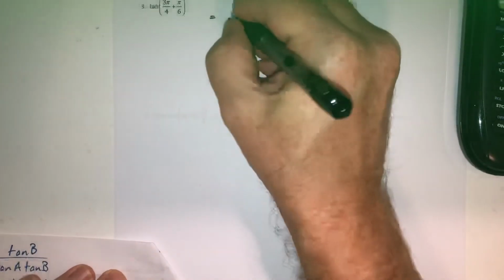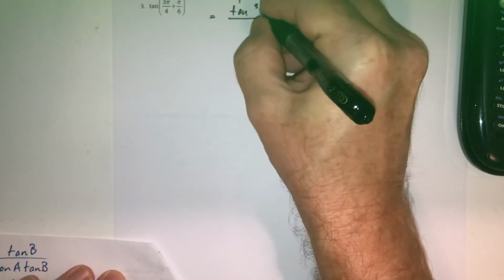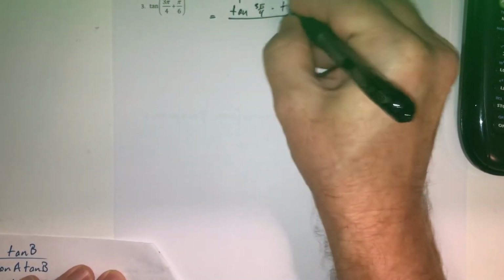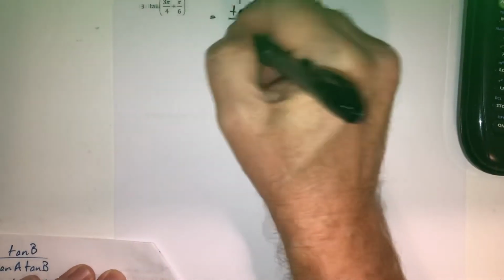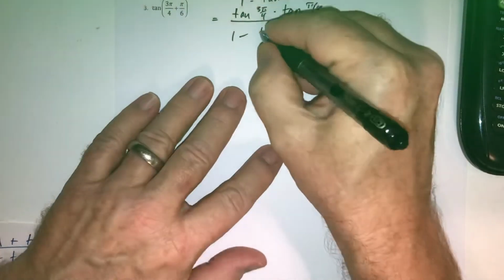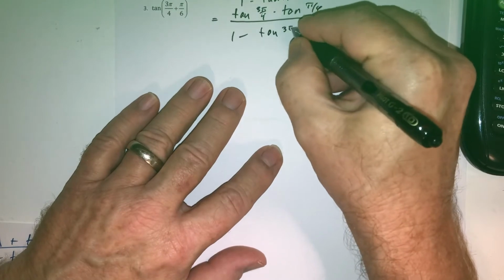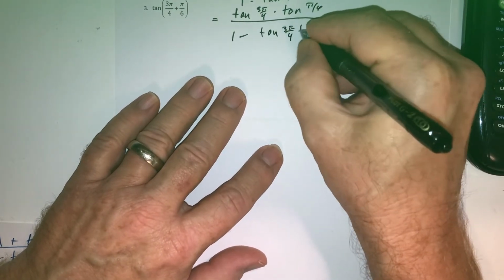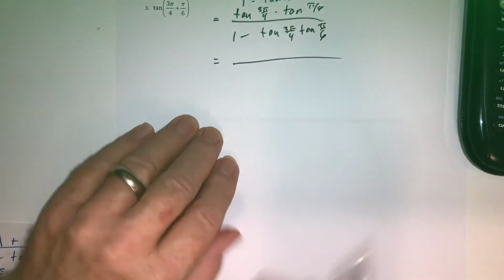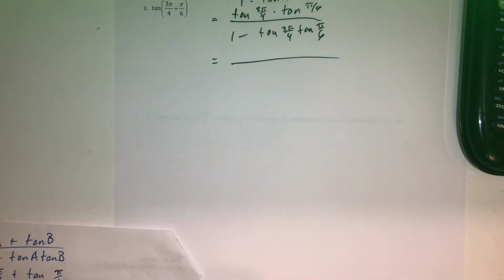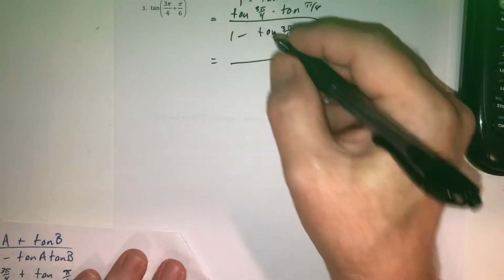How's that? So this would be equal to the tangent of 3 pi over 4 plus the tangent of pi over 6, divided by 1 minus the product of the tangents, 3 pi over 4 and pi over 6. Well, the tangent of 3 pi over 4 is -1.